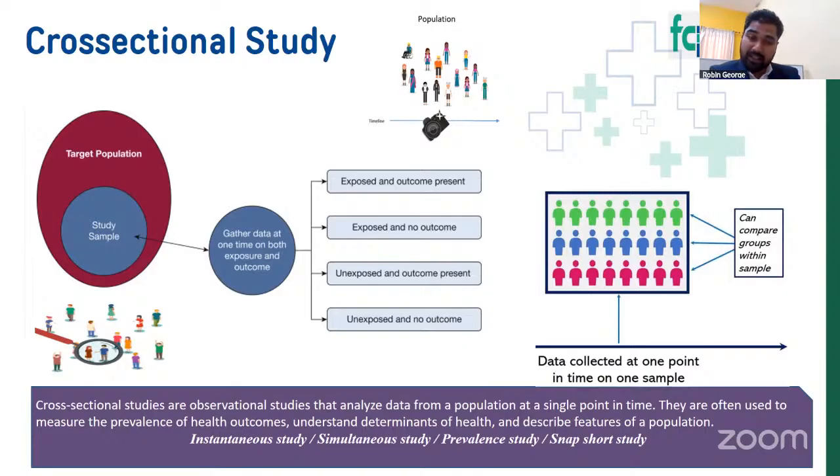And you can see what I have written below. It is also known as an instantaneous study, simultaneous study, prevalence study, snapshot study. You can see the camera picture, because today I go and click a picture of that population. I got a clear picture. There are 1 lakh people; in that 20,000 are obese, of which 15,000 are diabetic and another 5,000 are non-diabetic.